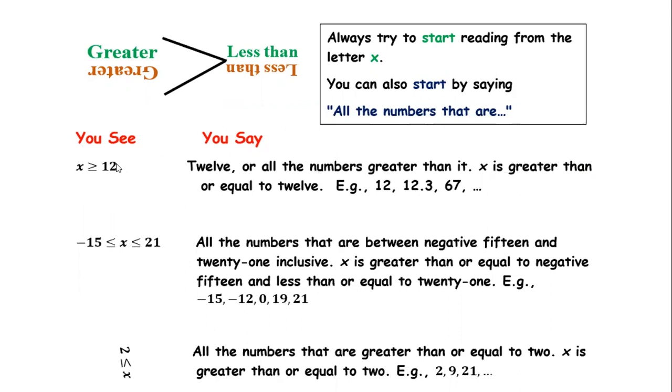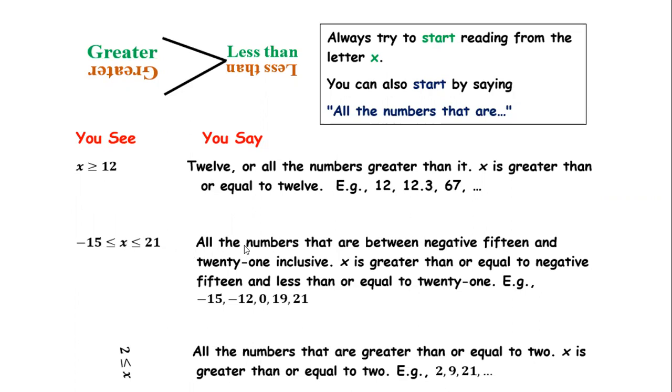If you want to start with the 12, you can say it. But if you start with 12, you have to say 12 or all the numbers that are greater than it. You see? X is greater than 12. X is greater than or equal to 12. 12 is included. 12, 12.3, 67.